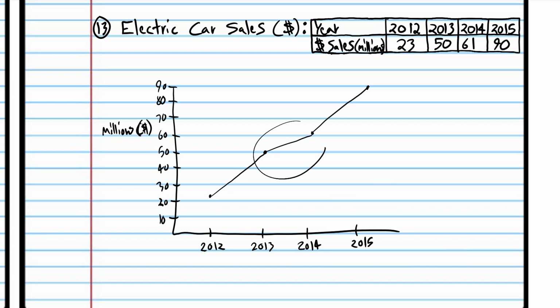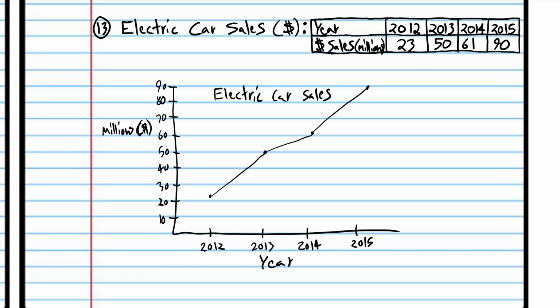I may have put these two a little too close together, but now we're going to label this year down here. You have to label the axes and then title it electric car sales. So again, you need all your titles. You need the title of the overall graph, and then you need the title of the axes.